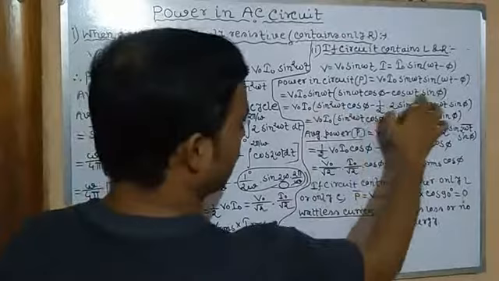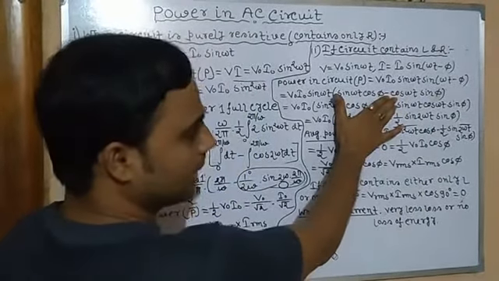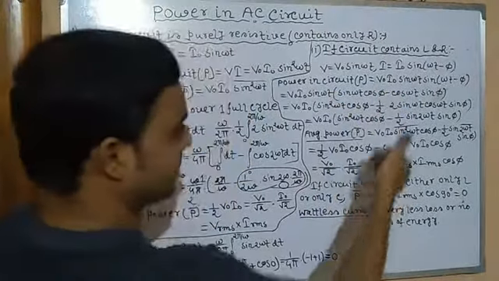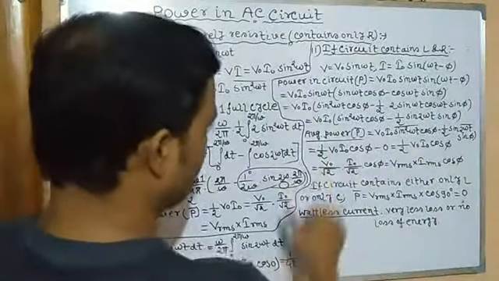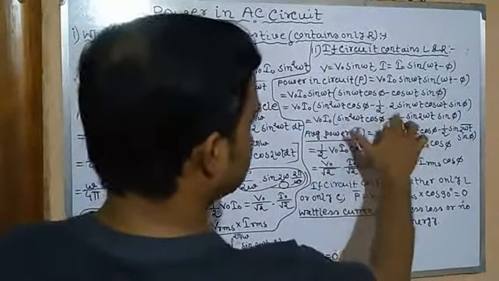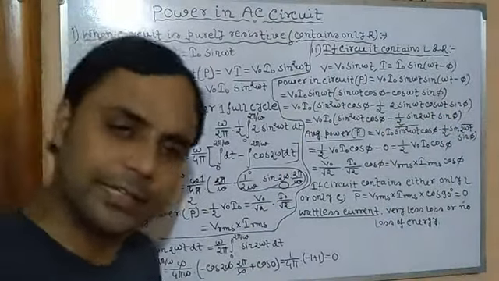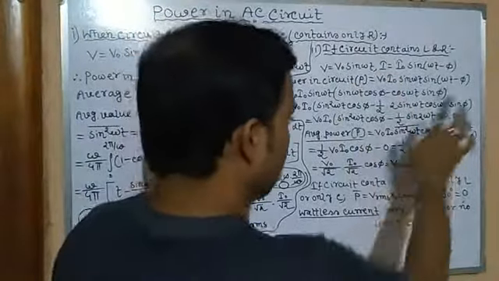So minus half into 2 sin omega t cos omega t into sin phi. I have just multiplied by half and then 2, meaning the same. Then V0 I0 sin square omega t cos phi minus half, then 2 sin omega t cos omega t, 2 sin theta cos theta, the formula of sin 2 theta. That's why we did it here, into sin phi.